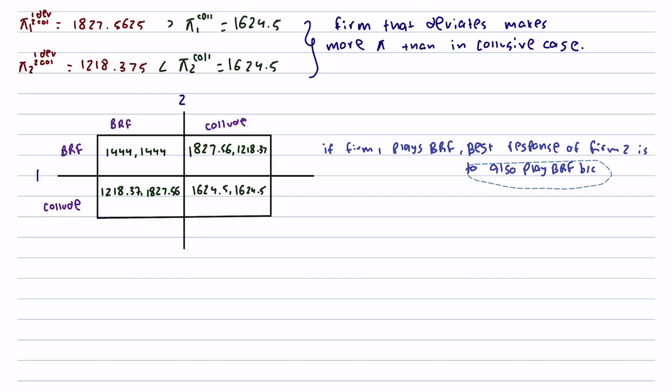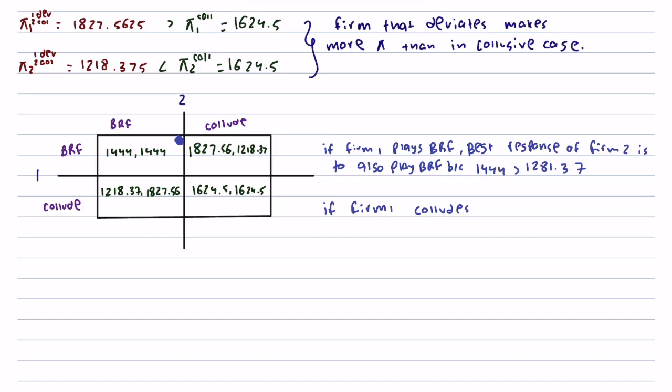Because 1,444 is greater than 1,218.37, right? So if firm 1 plays BRF, firm 2 plays BRF, we're going to have our box right here. Now, if firm 1 colludes, right, we know that we're going to be in these two boxes.